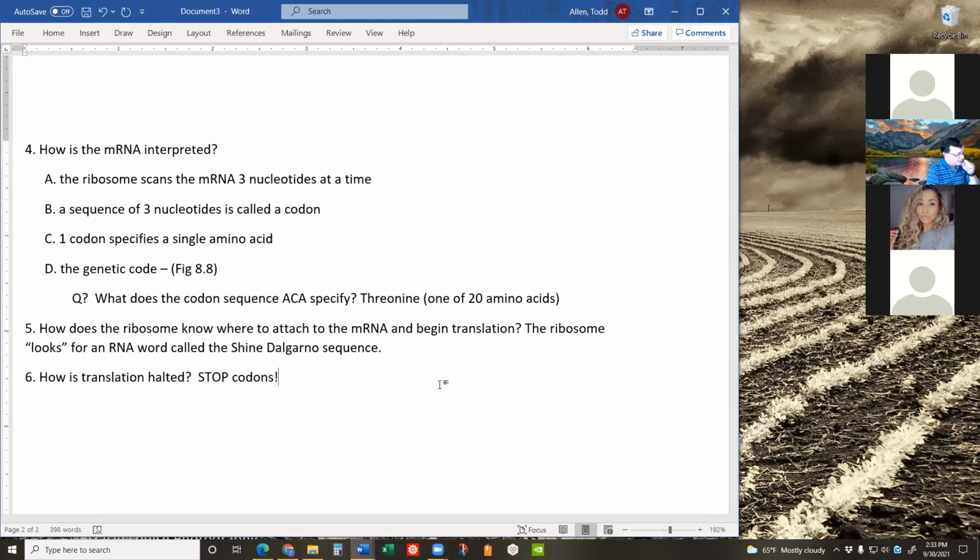You can see in figure 8.8 that there are 3 alternative stop codons that you might find in the RNA sequence that's being translated. Any one of those will be interpreted by the ribosome as the endpoint where it should finish its work and not continue.